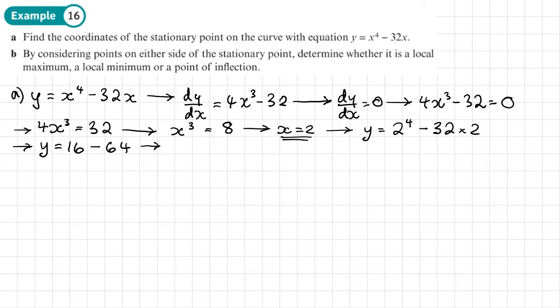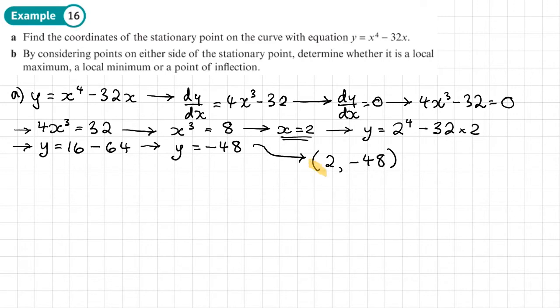So the y coordinate is 16 minus 64, which gives us negative 48. So the coordinate of this stationary point is (2, -48).